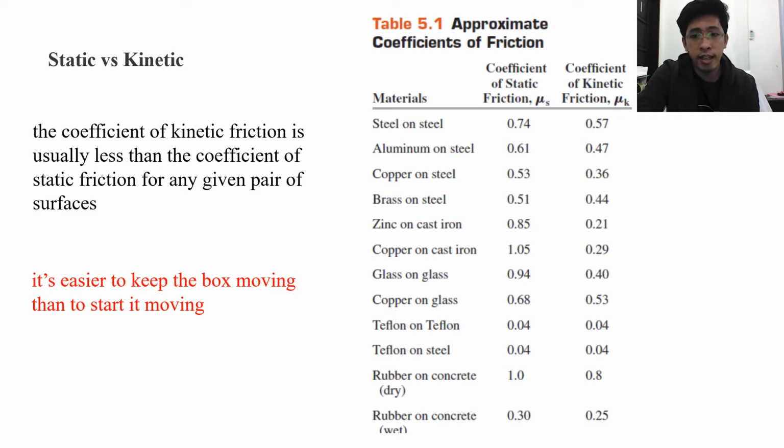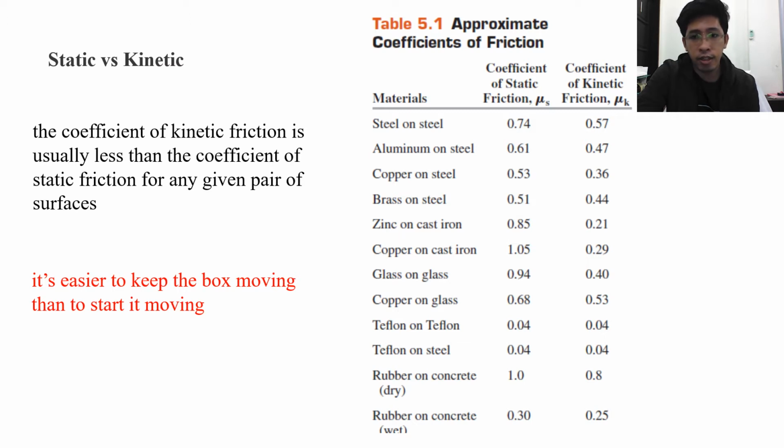As you can see, the coefficient of friction for wet concrete is smaller compared to dry concrete. Here, your wetting agent, like water, acts like a lubricant, decreasing the friction between your surfaces.